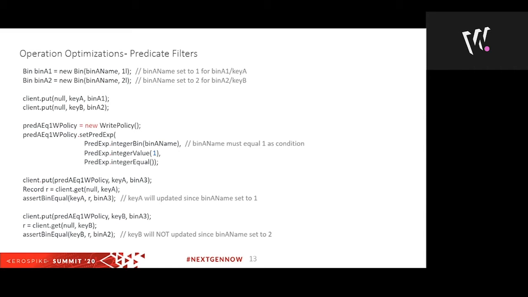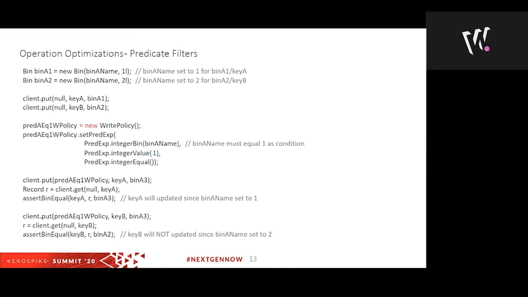In this policy definition, we're calling a new API called setPredExp, which says the integer bin, corresponding to the bin A name value, must equal 1. This is essentially the condition for our predicate filter.